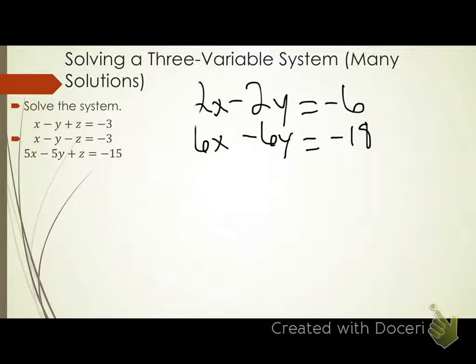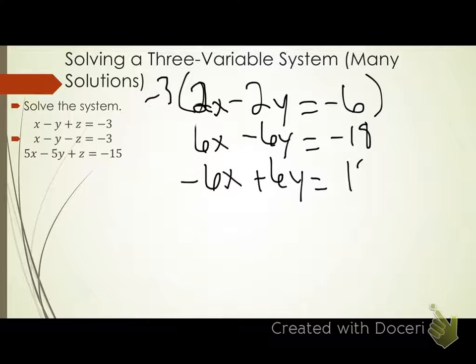So I need to multiply this top equation by -3, so I can get same number, opposite signs in front of my x. That'll give me -6x plus 6y equals 18. Now I'm adding these 2 equations.